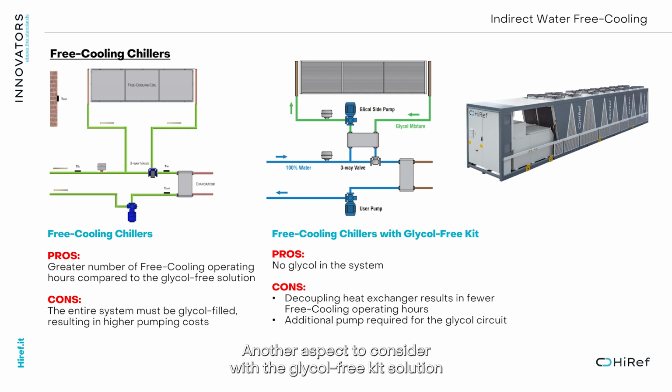Another aspect to consider with the glycol-free kit solution is the presence of a pump serving the free cooling circuit, which increases electrical consumption and therefore slightly reduces the efficiency of the chiller.